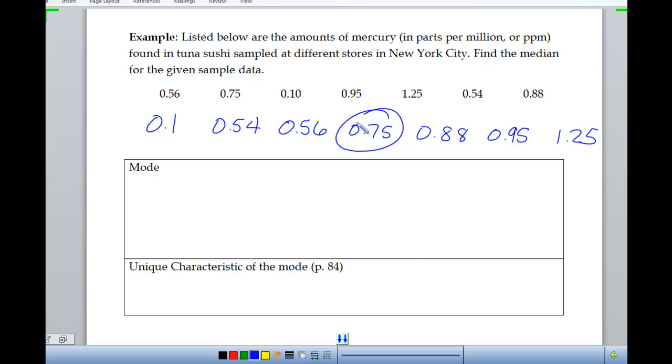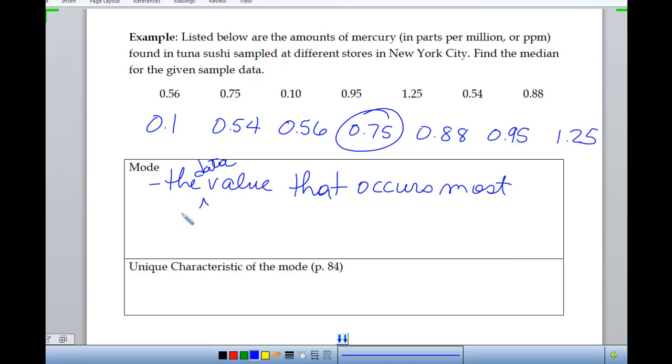Now we're going to talk about the mode, which is just the data value that occurs most frequently. Now I think it's pretty obvious why that might be a measure of center or what we'd consider to be a typical value.